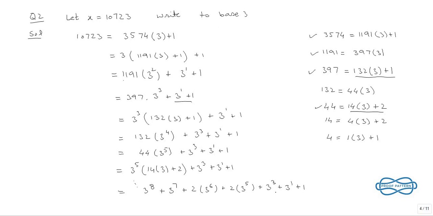We can see that the coefficient must be less than 3 as we have seen in the representation theorem.